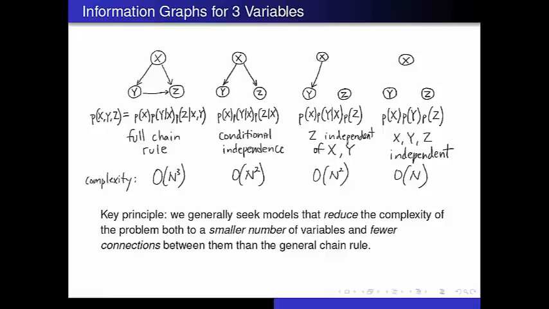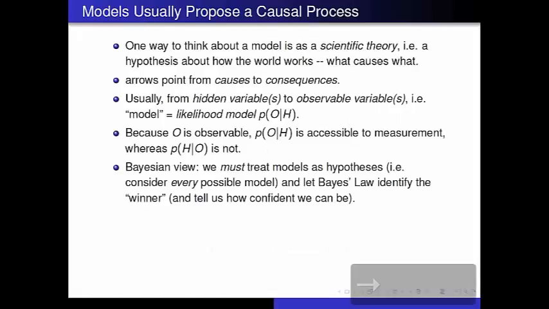That fewer edges means a model that is simplified relative to the fully general chain rule. We've reduced the dimensionality of the problem if we have a model with fewer edges.